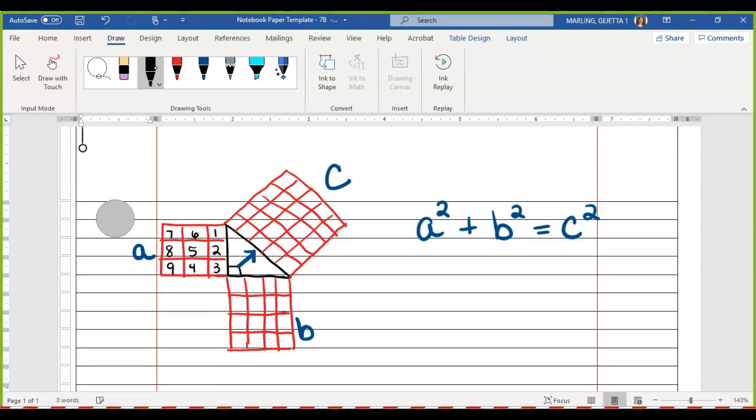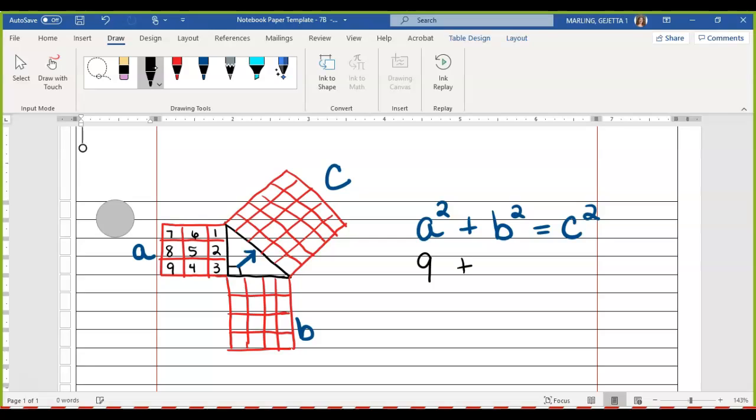Did you get 9 little boxes for the square of A? 9. Perfect. So I'm going to write my 9 right there below it, because that's talking about the square of A.